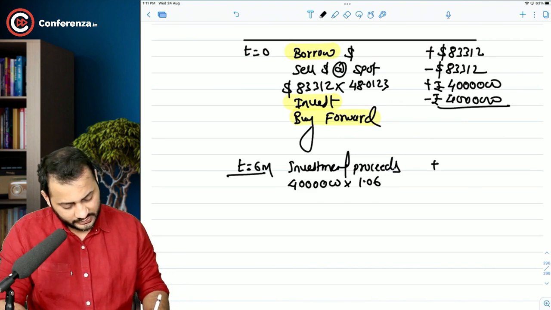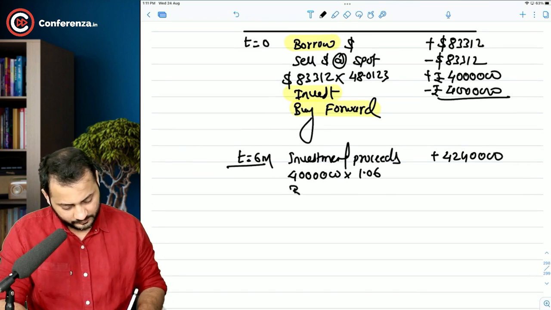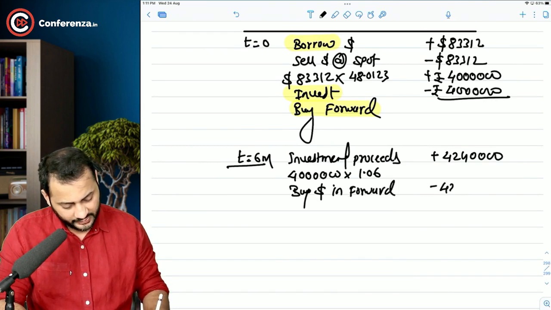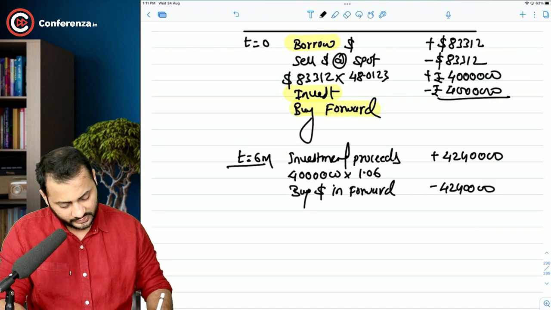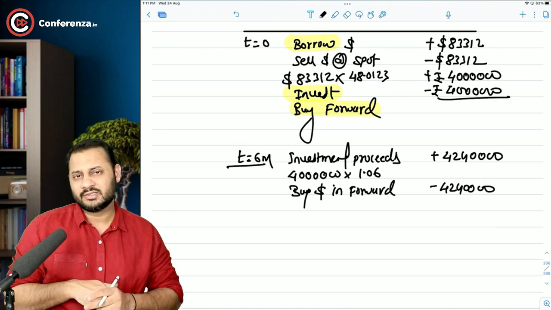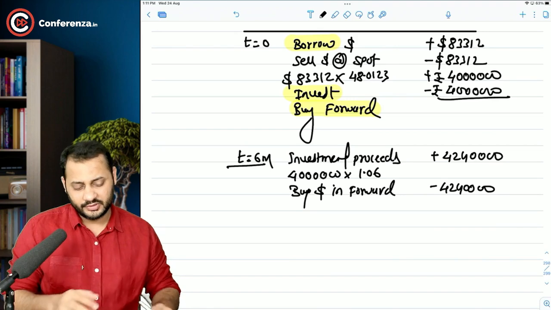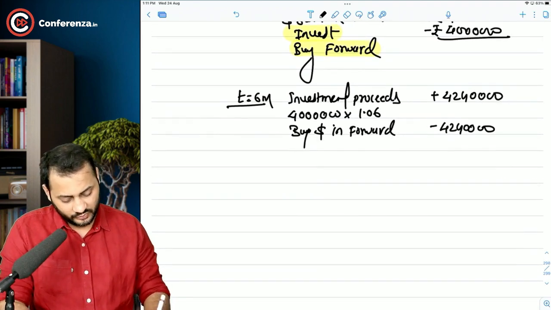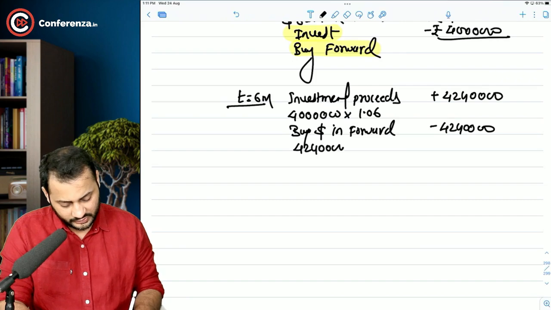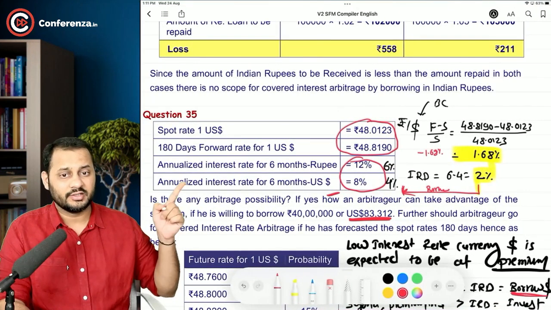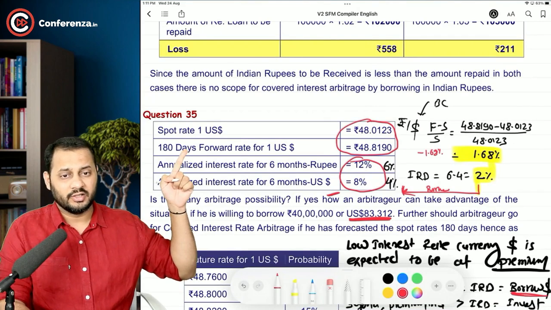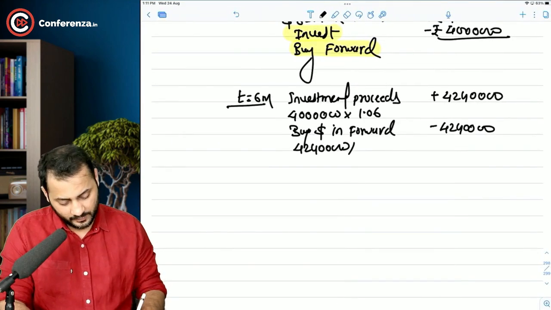That's what I will receive, 42 lakh 40,000, and buy dollars in forward, whatever you have agreed. So you will pay the entire 42 lakh 40,000. You can keep the balance amount in rupees if you want the gain in rupees, but let's see, 42 lakh 40,000, and you will receive the dollars with that 42 lakh 40,000 divided by the forward rate that you agreed to buy the dollar at, 48.8190.